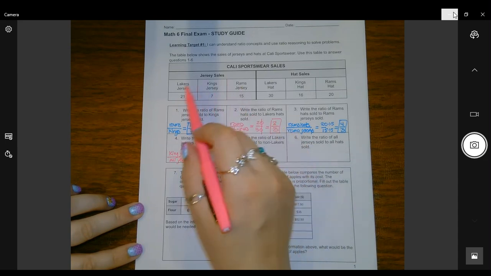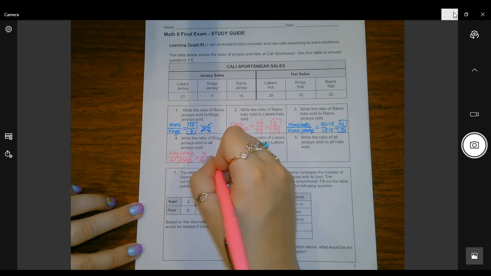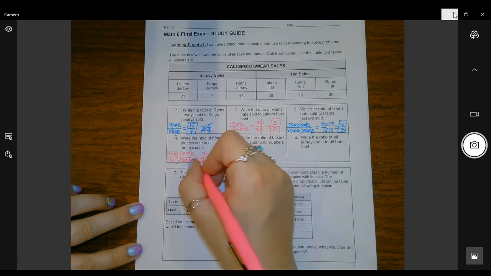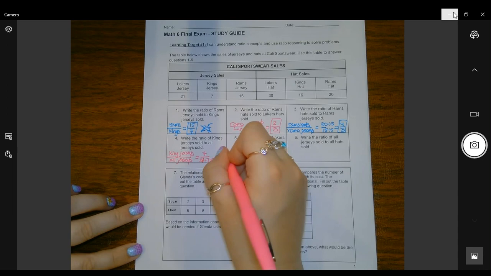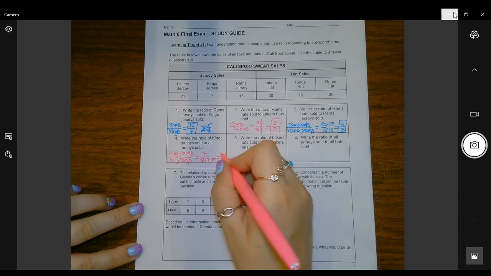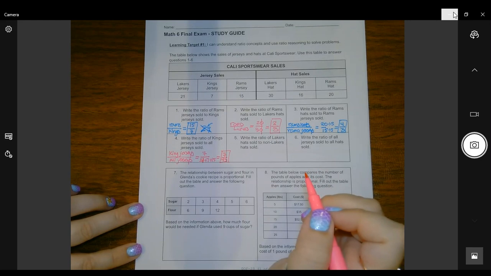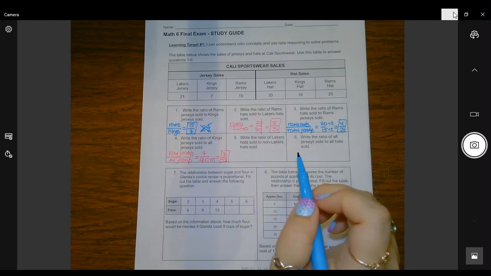So looking at all the jerseys, it's 21 plus 7 plus 15. Okay. And so if you add all those together, you get 43. And then on top, you have 7. Can that reduce? Nope. If it was a 42, it could have, but that can't reduce because 7 can't go into 43. And 7's prime, so nothing else can go into 7.